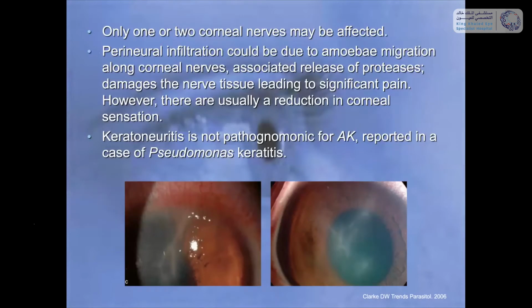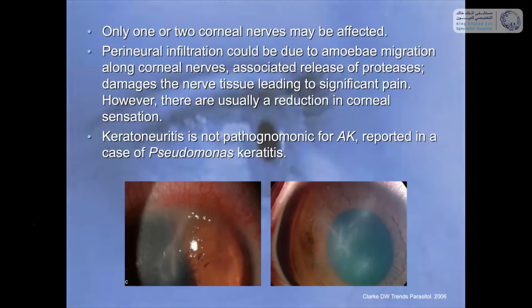Sometimes only one corneal nerve can be affected, as you can see here. Only this branch is involved with the radial keratoneuritis. The perineural infiltration could be due to amoeba migration along corneal nerves.